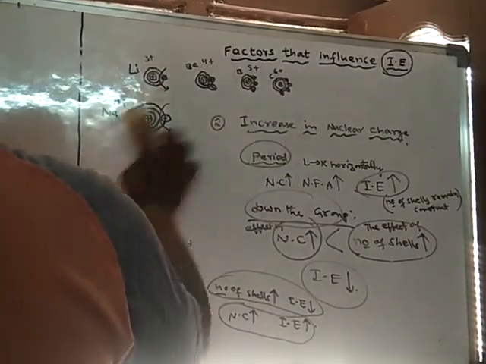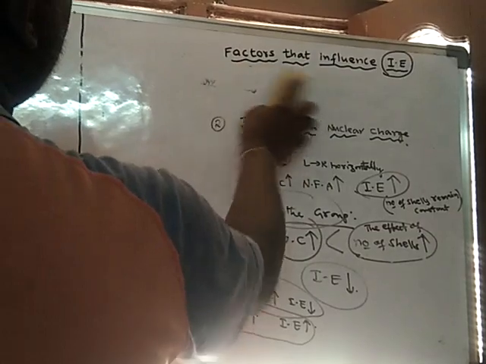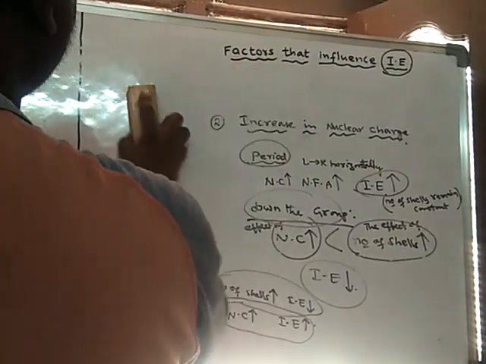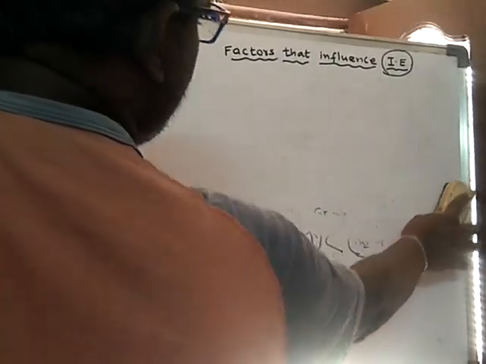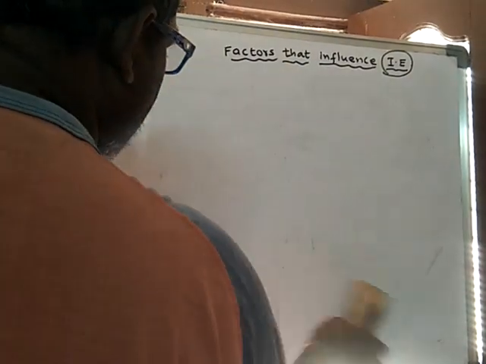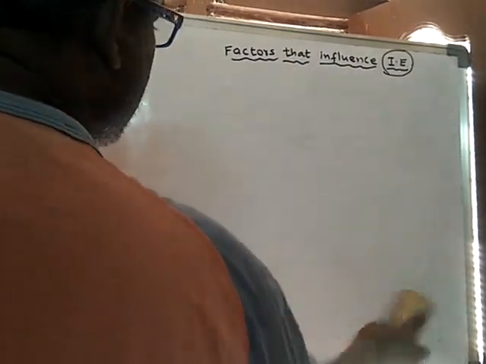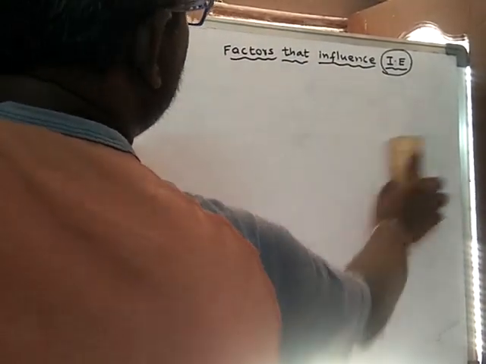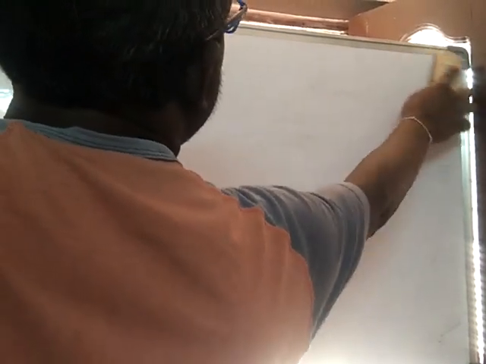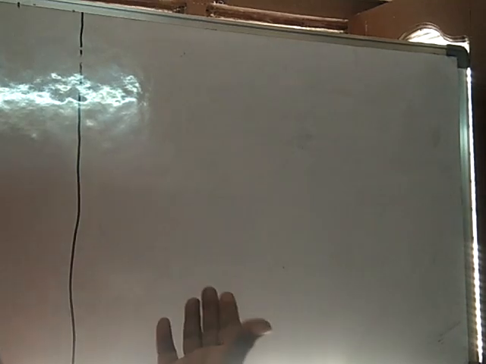Now let us learn another property which depends upon the position of the element. We are discussing the properties which depend upon the position of the element. What was the first property we learned? Ionization energy.